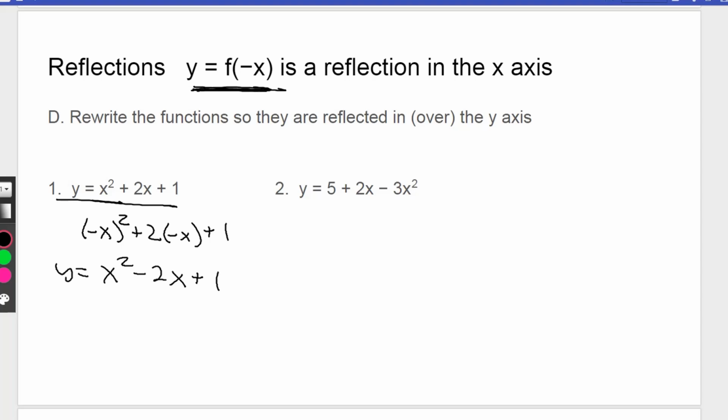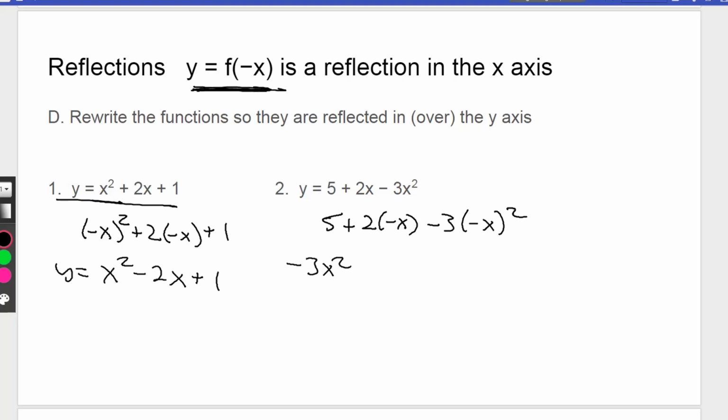All right, awesome. Hopefully you did that. So all I'm going to do now is rewrite this 5 plus, but I'm going to replace every x with a -x. -3 times -x still squared. And I'm going to put this in the order we're used to seeing it. So this is going to be -x times -x, which is still x squared. This is going to be -3x squared.